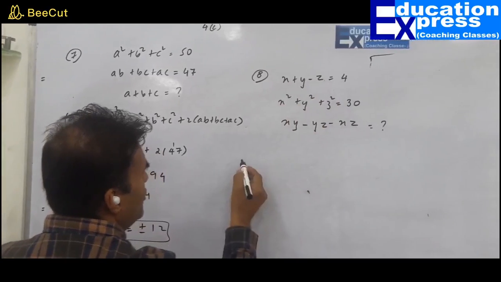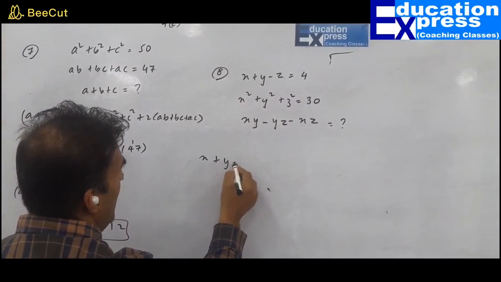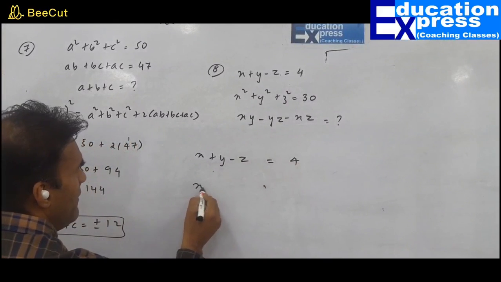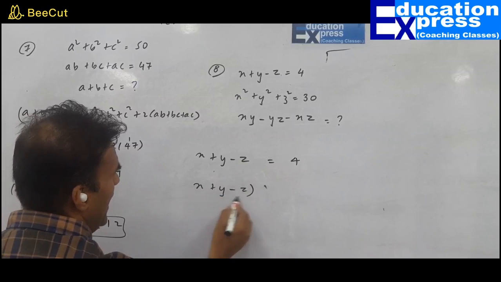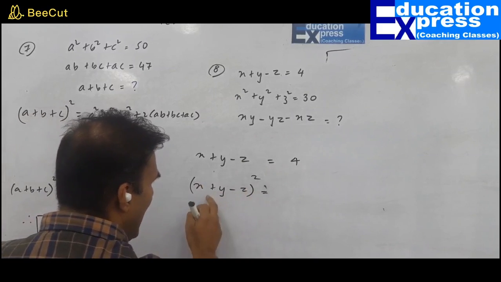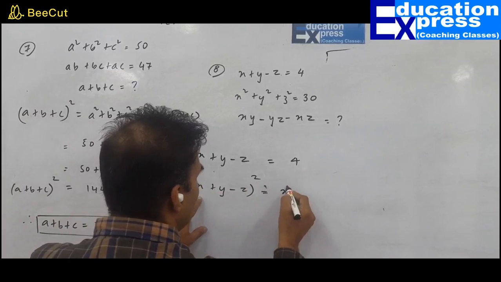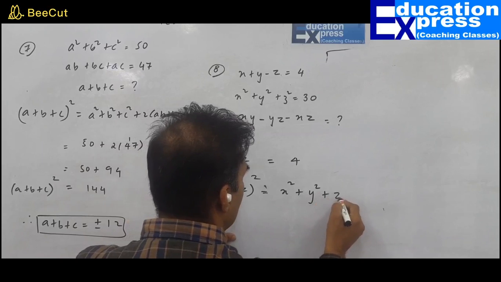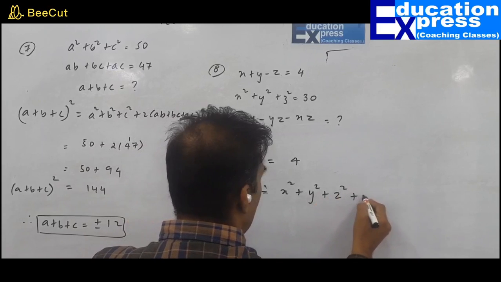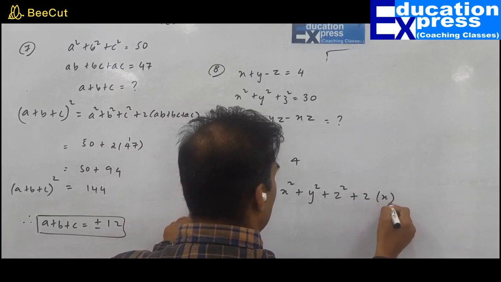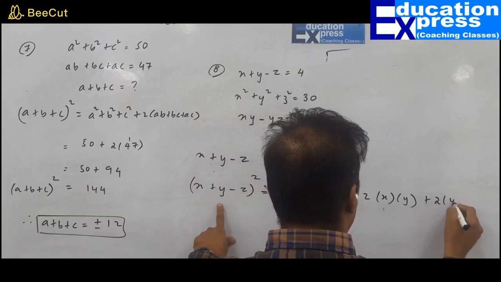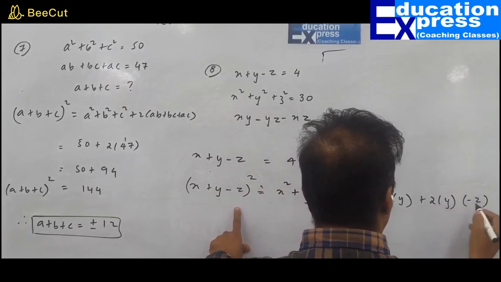Again, same nature of question. As we know that x plus y minus z equals 4, can we square on both the sides? x plus y minus z, the whole square, when I expand, it will be x square plus y square plus z square plus 2 into x into y. After that, plus 2 into y into minus z.